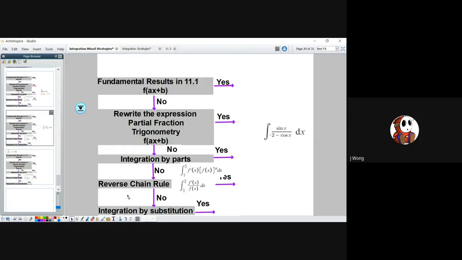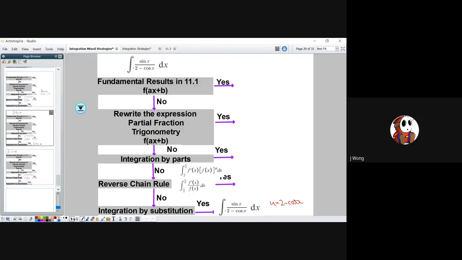So I can solve this either using a quick way, reverse chain rule, or I could just make u the bottom if I would like to insist on using integration by substitution, so u will be 2 minus cos x, and then you could solve it that way.